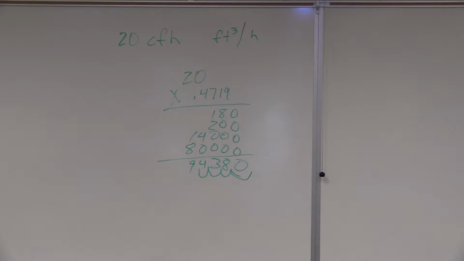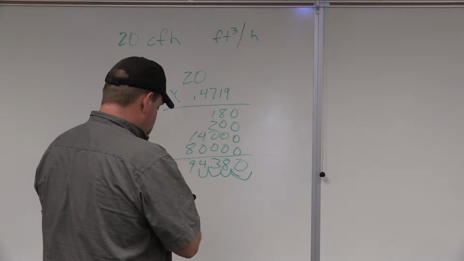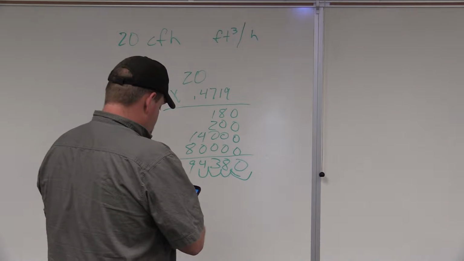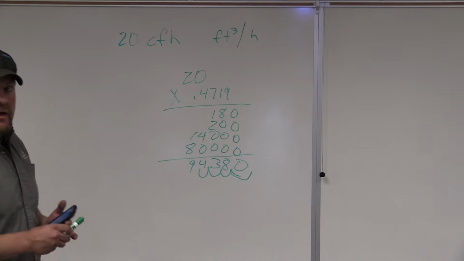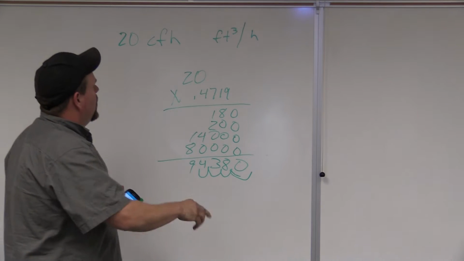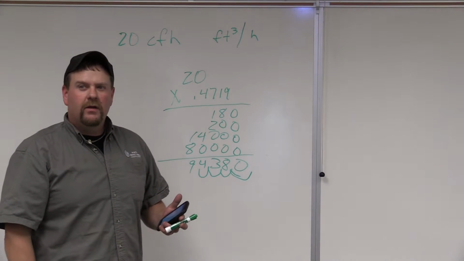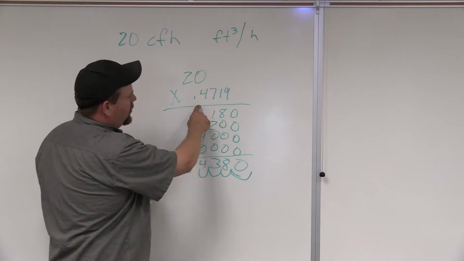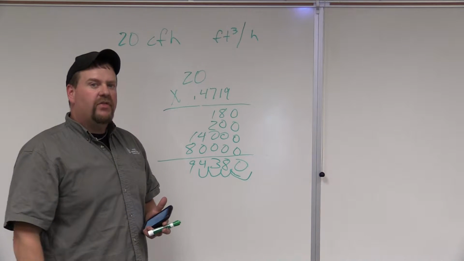Let's just double check it. 20 times 0.4719 is 9.438. Now a quick check: 20 times 0.5 is almost 10, correct? Say we don't have a calculator out there. We're just below 10, so I'm going to assume my math is pretty close.